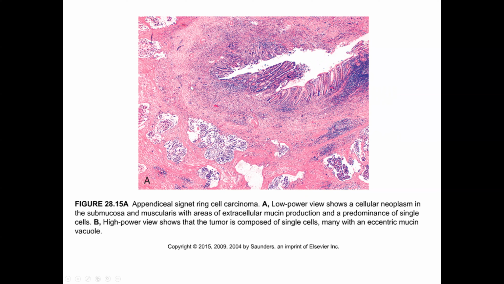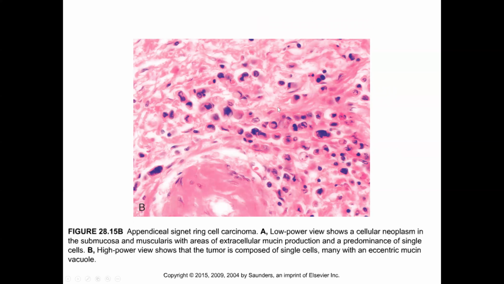But you should also look to see if you have a diffusely infiltrative pattern of neoplastic cells, as we see here in the submucosa. Higher magnification would allow you to differentiate and identify these as clearly malignant cells rather than just inflammatory cells.